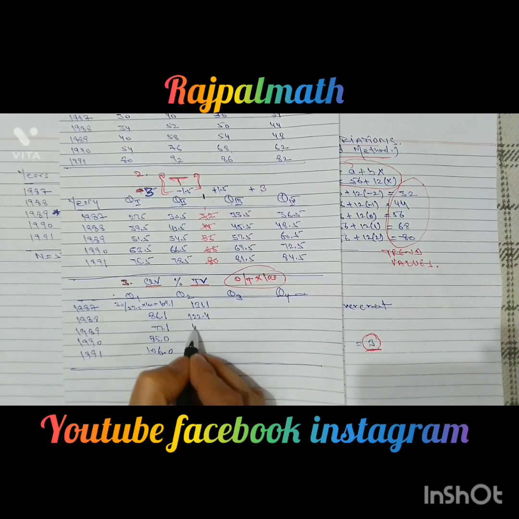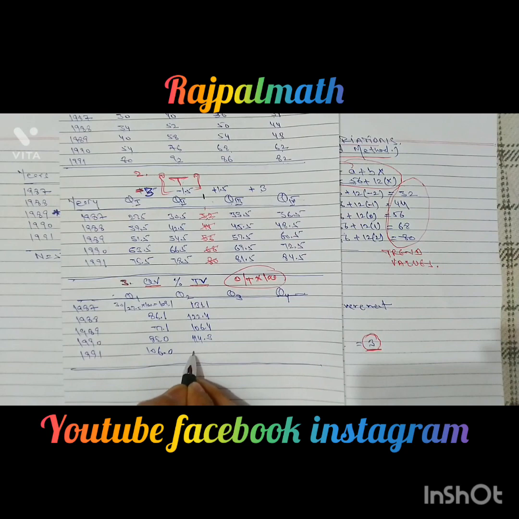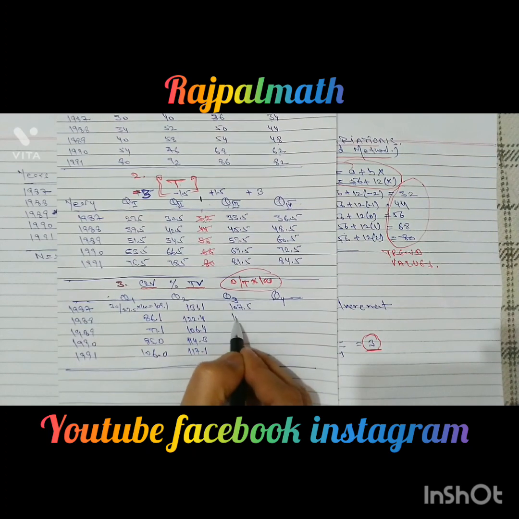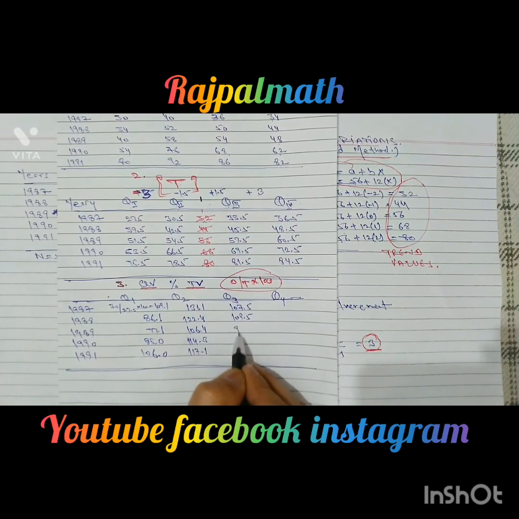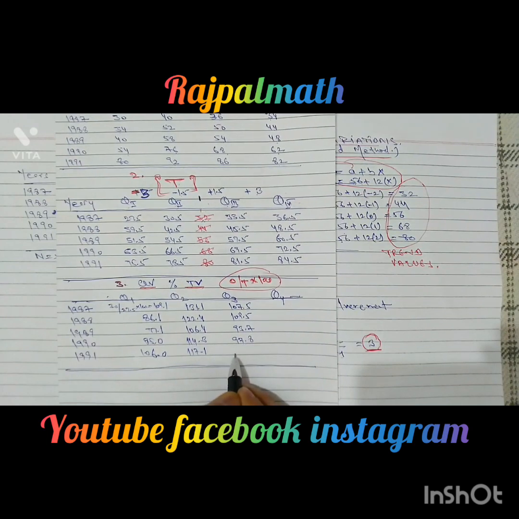122.4, 106.4, 114.3 and 117.1. For next, 107.5, 109.5, 93.7, 97.8, 105.5.